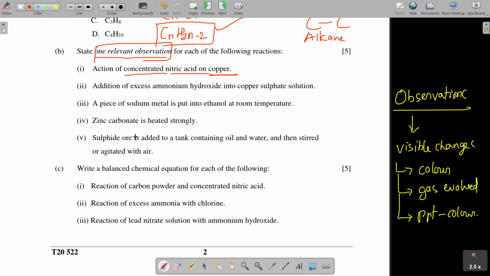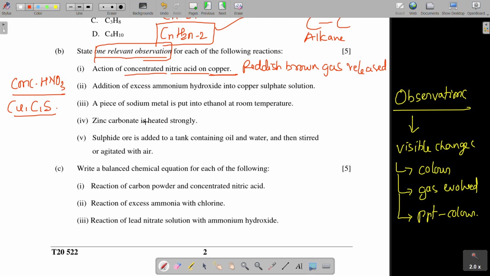Okay, I will tell you one trick here. Remember, whenever you take concentrated nitric acid on any element, usually in your syllabus you have copper, carbon and sulfur, so they may just change the element. So always the observation will be reddish brown gas released. How? Because concentrated nitric acid is an oxidizing agent, so it oxidizes the elements.